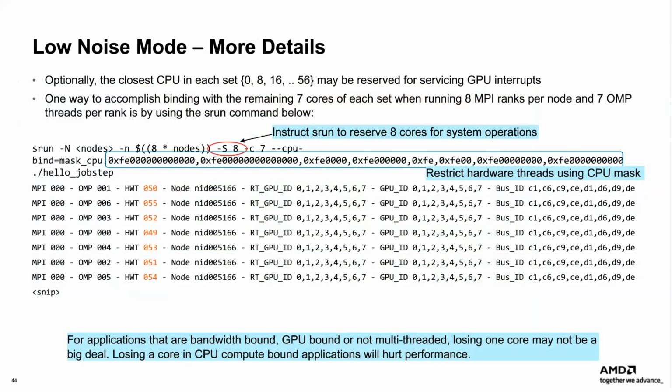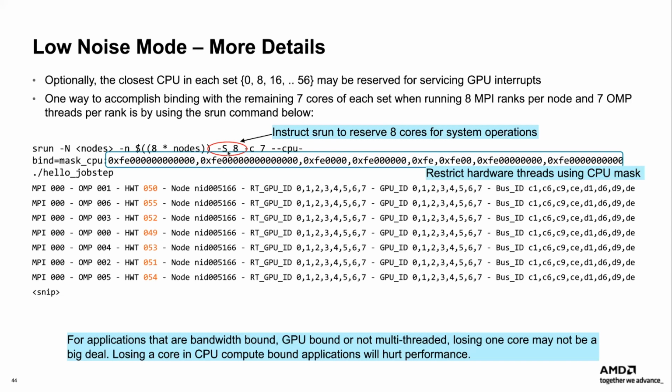In that case, and some other special cases, you may want to reserve some set of CPU cores for system activity. Again, using a mask that is set up appropriately, only picking the cores that you want, is a good way to set up affinity for your processes and their threads. In this srun command, there is also another option, core spec, I think.